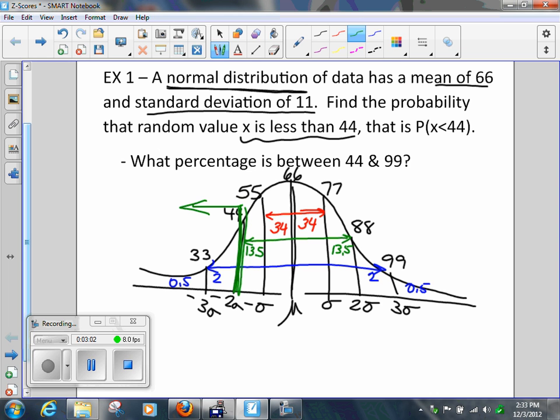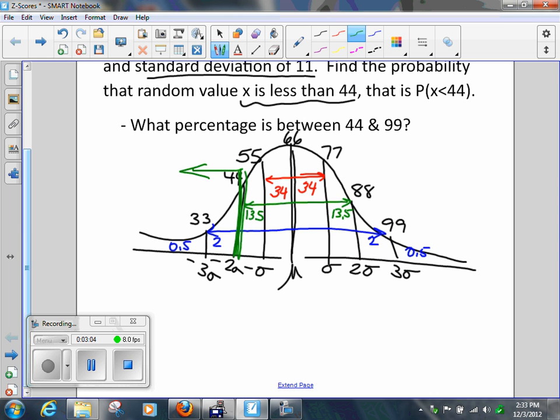So all I do at that point is I'm going to take 0.5 and I'm going to add 2, and I get 2.5% is less than 44 on my graph. And if I wanted to change that, I could have 2.5% or 0.025, okay?